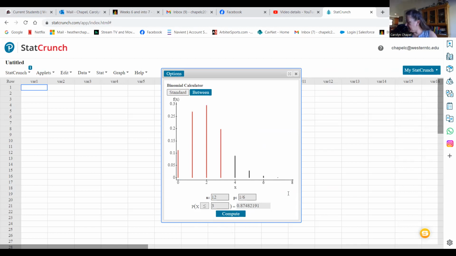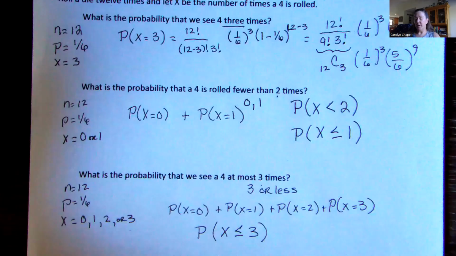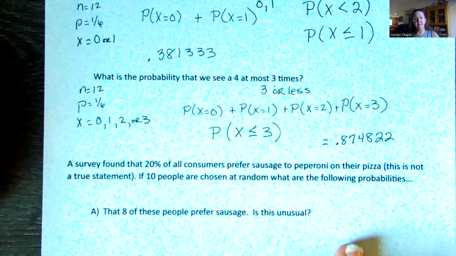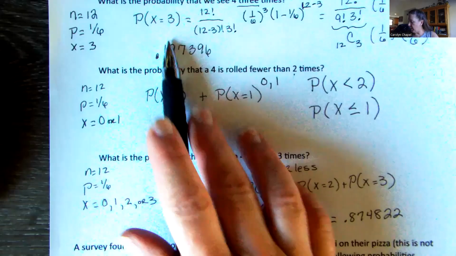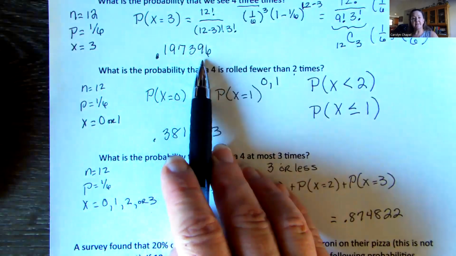And I did check these numbers with those we found in Excel, and they are the same. I will go back to our guided notes so we can see those values. There we go. So for that equal to 3, we got the 0.197396.